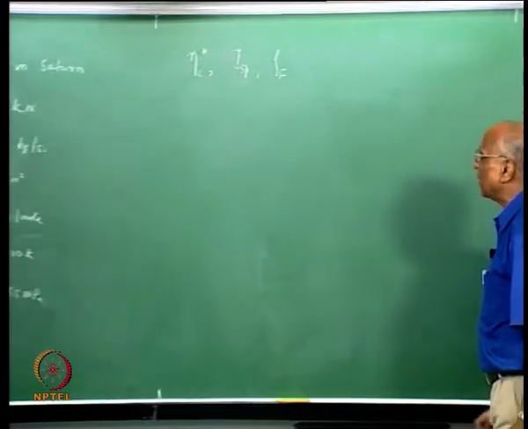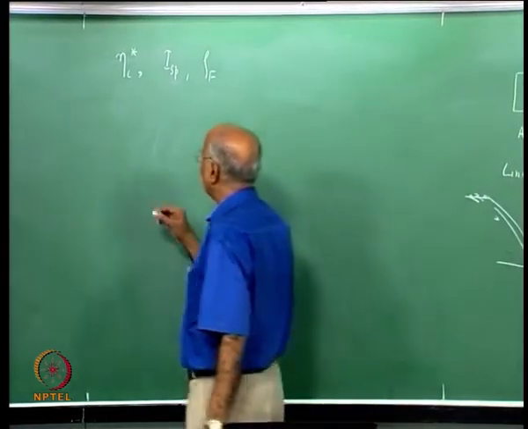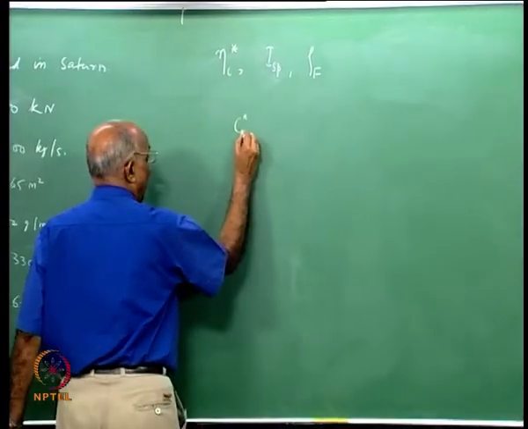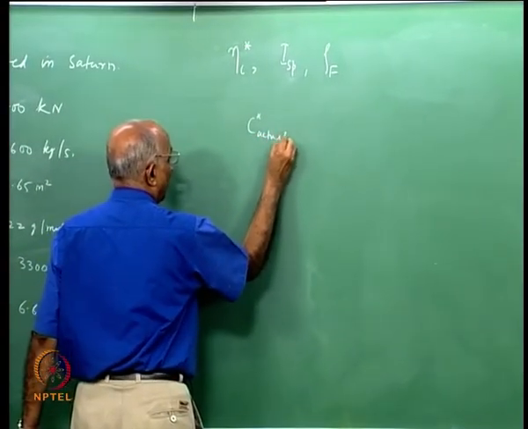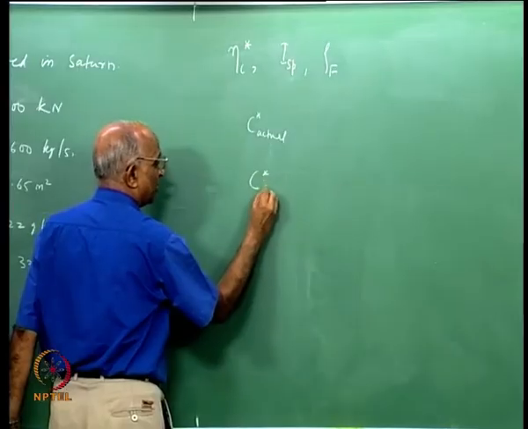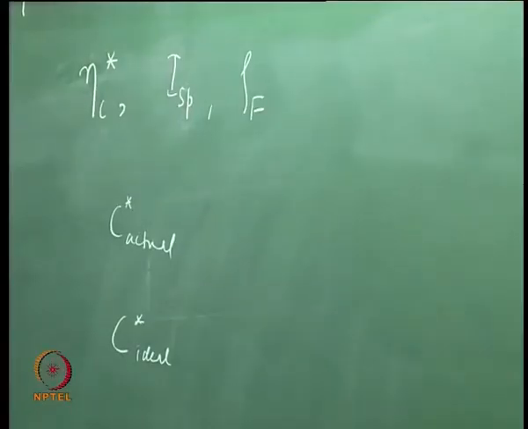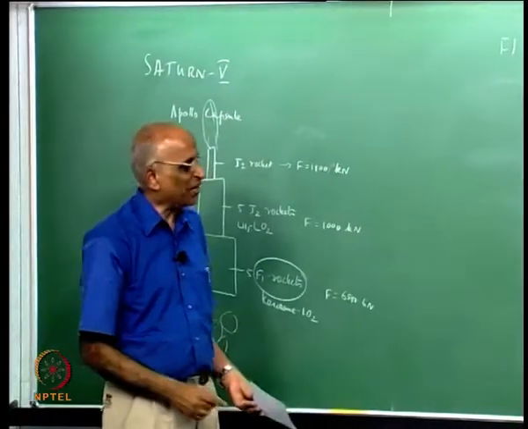Therefore, to be able to get the value of eta c star, I must get the value of c star which is actual. I must also get the value of c star which is ideal. The ratio of this is the c star efficiency.